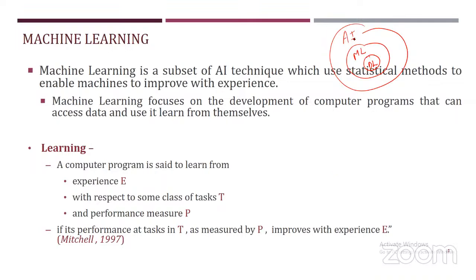So in the case of machine learning, it's a subfield of artificial intelligence, which uses some statistical way to learn from the data, and over a period of time it is also going to improve its learning, or improve the knowledge which the machine has gained from the data. Right.